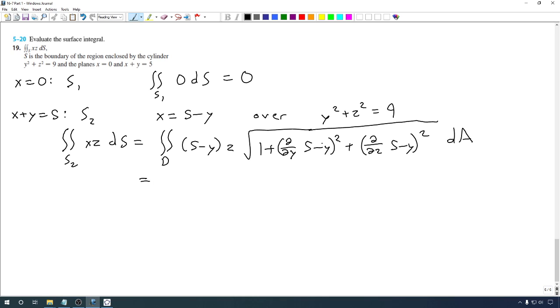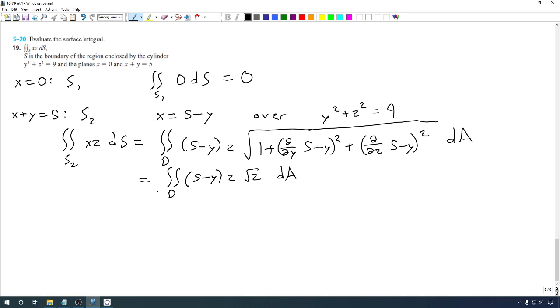Of course, here, the derivative with respect to y of 5 minus y is negative 1, so we have a negative 1 squared. The derivative of 5 minus y with respect to z is just 0, because there's no z's in there. So actually, this square root turns into the square root of 2. We have (5 minus y) z times the square root of 2 dA.